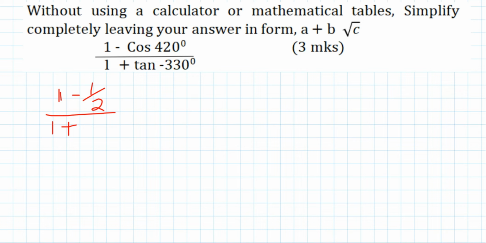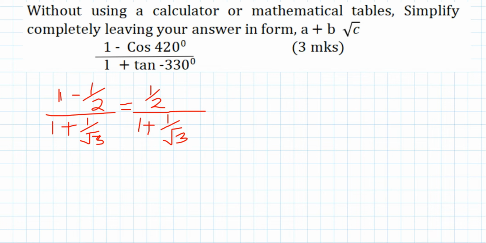And we know that the tan of 30 degrees is going to be 1 all over root 3. And so in this case, we have rewritten our expression now in form of a surd. So we work out, and in the numerator, when you put those two like terms together, we are going to have a half divided by 1 plus 1 all over root 3.